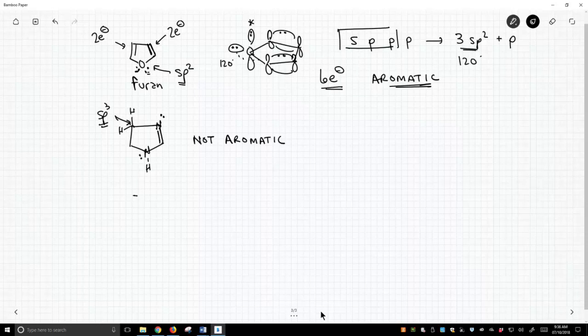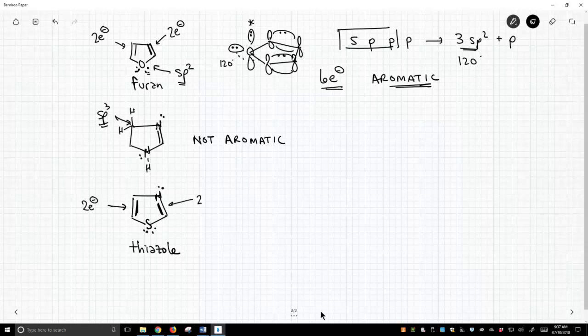Okay, let's look at one last one. This is a structure called thiazole. Thiazole, okay. So we always count pi bonds. So there's 2 electrons in that pi bond.